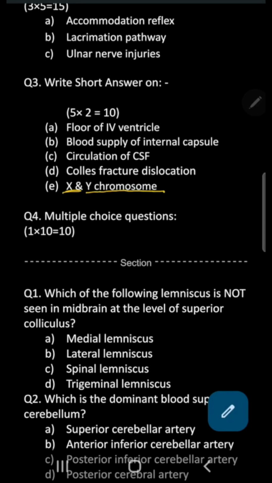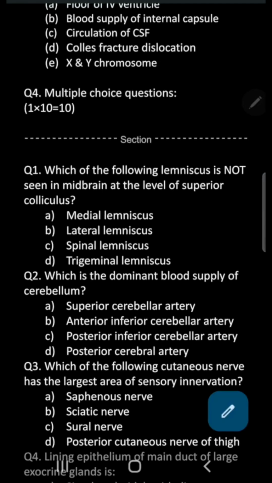You can also mention the hereditary characters related to these chromosomes, like hypertrichosis is related to Y chromosome. Presence and absence, like monosomy of X leads to Turner syndrome. Likewise, you can mention whatever information you can gather. So keep reading a little bit about these important facts of chromosomal anomalies.